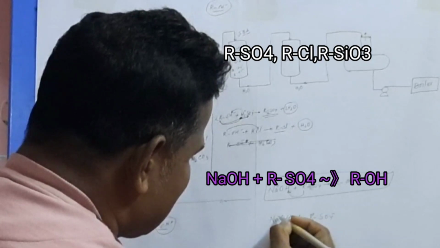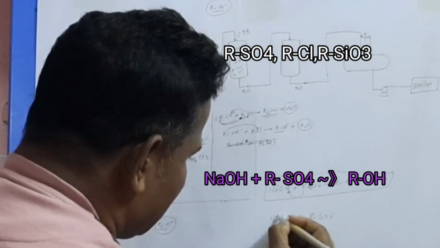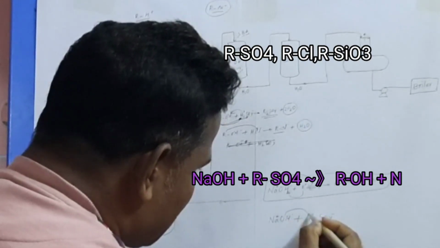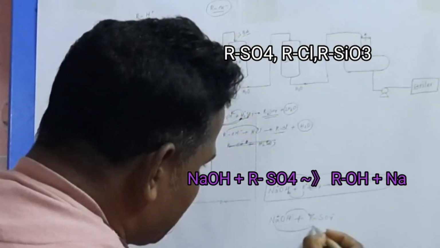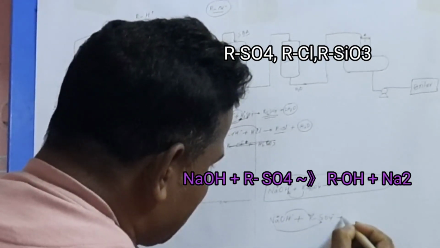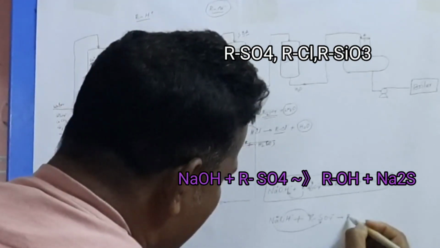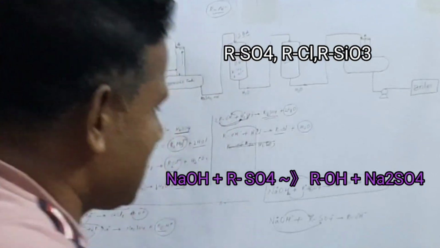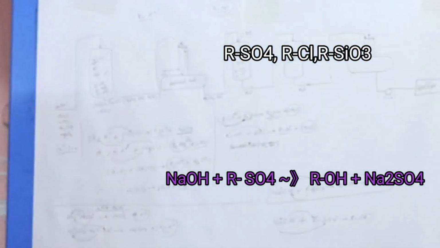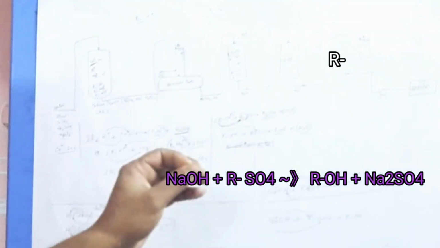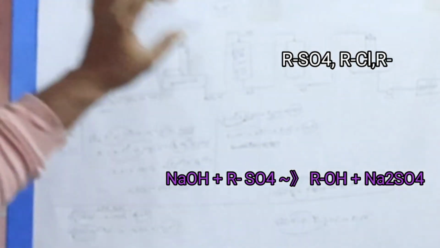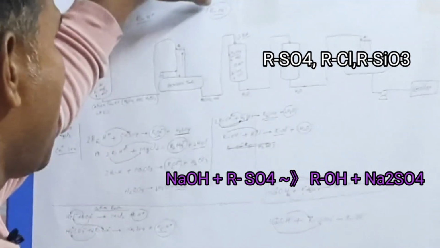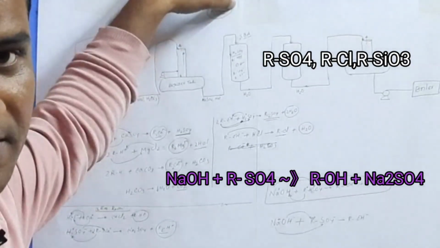This one plus minus, okay. This will react with this and this will react with this. What will happen? It will create R hydroxide. That means this resin will be activated again, because previously I told you the anion tower resin is represented as ROH.